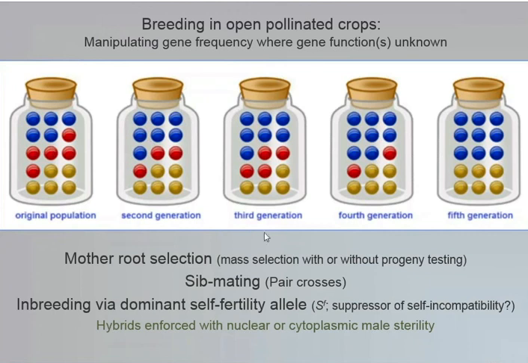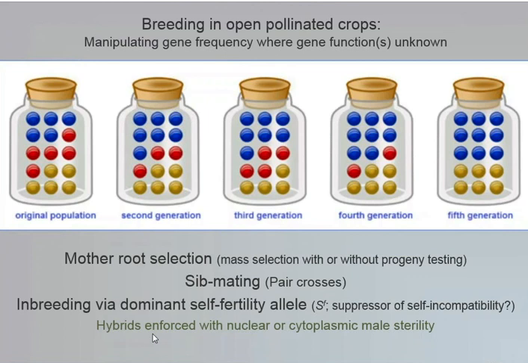Okay, so as far as beet goes, then we have this idea of the mother roots. Those would be the ones that we took out of the field, and just doing mass selection with or without progeny testing. We could do sib mating, and of course we could do this inbreeding via the dominant self-fertility allele. So this is very nice that it's dominant, and then it suppresses self-incompatibility and acts as if it's a single gene, but we don't know whether it's related directly to the self-incompatibility mechanism or if it's a suppressor of that self-incompatibility.